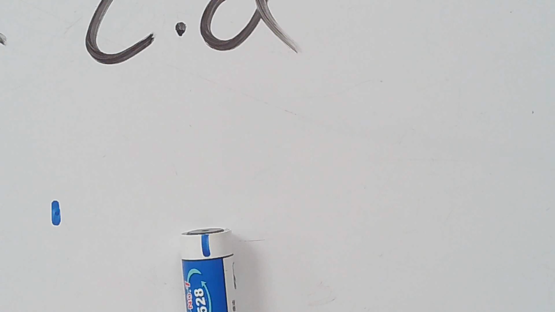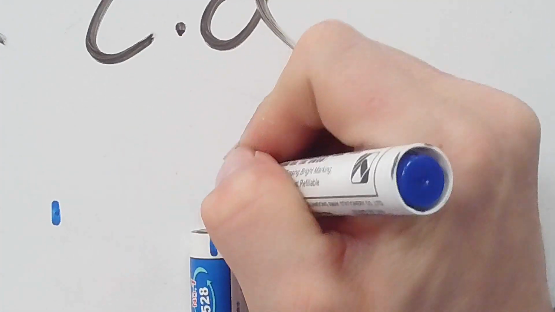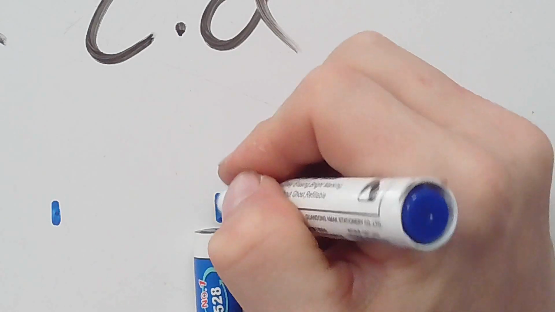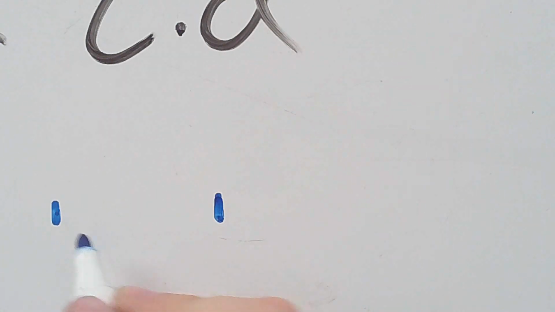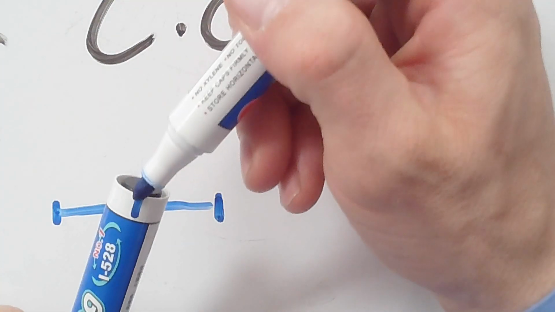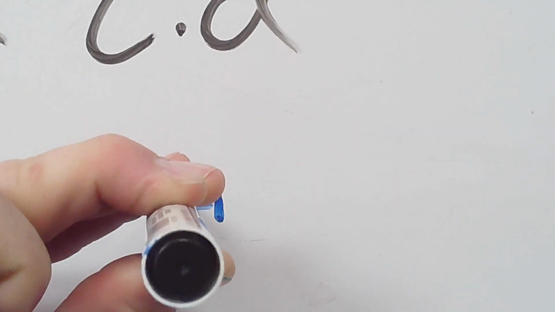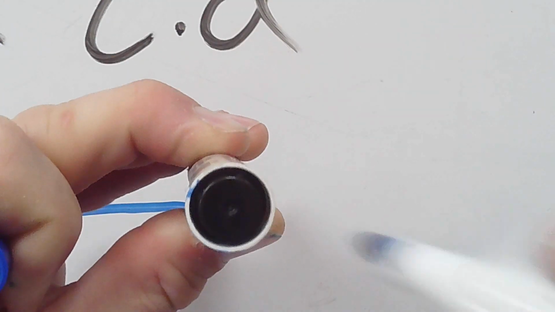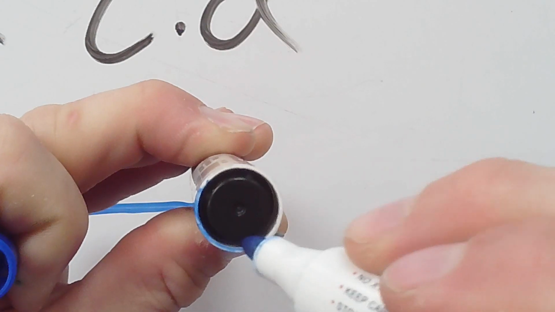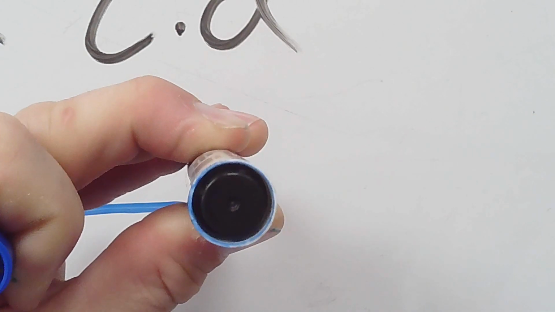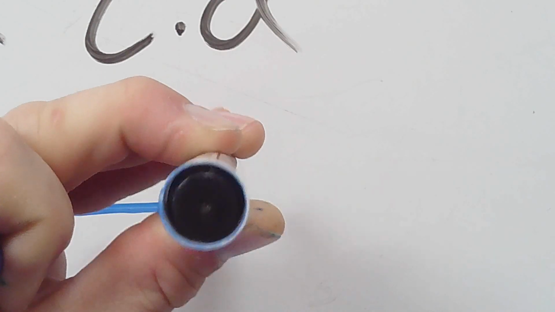Okay, there's 1 revolution, and that would represent 1 circumference. That is the length from here all the way around this circle to there. That is the length of that circle.